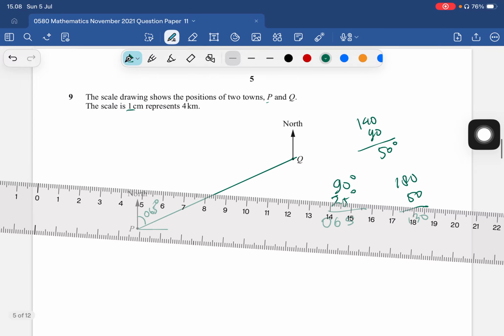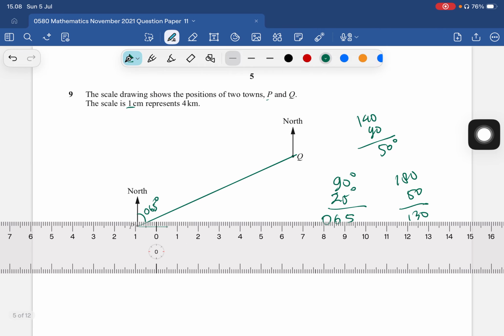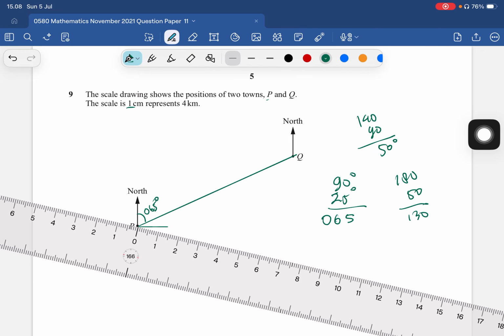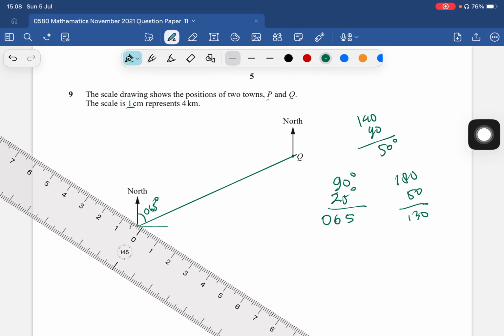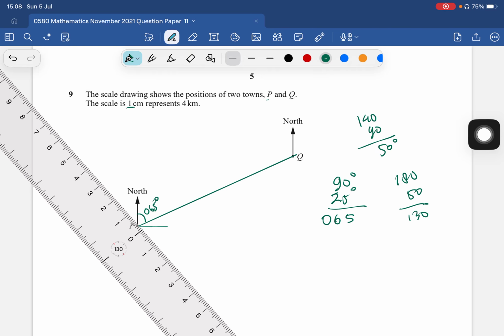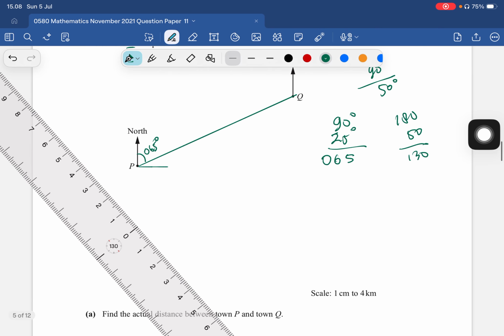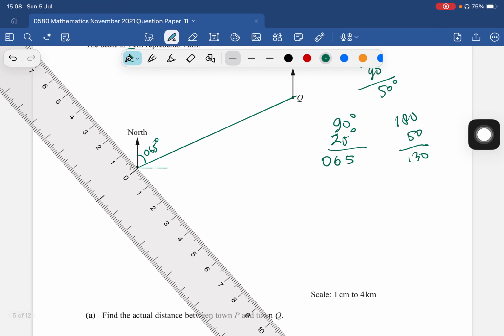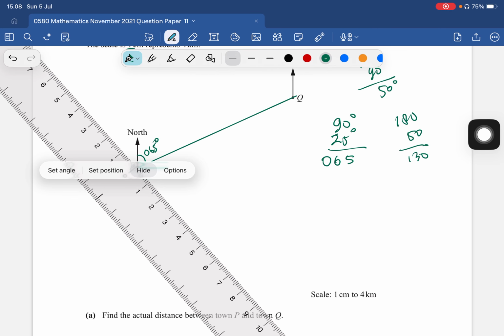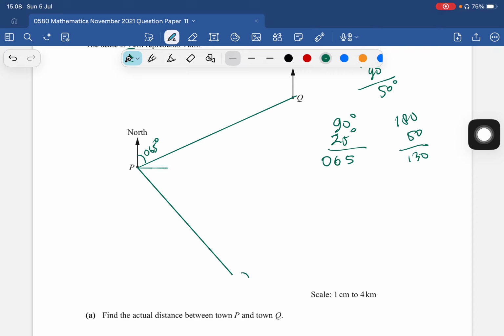So we'll make it until 130 degrees. Here it is. We need 7 centimeters. Here is town X, the total of 140 degrees. This is 7 centimeters.